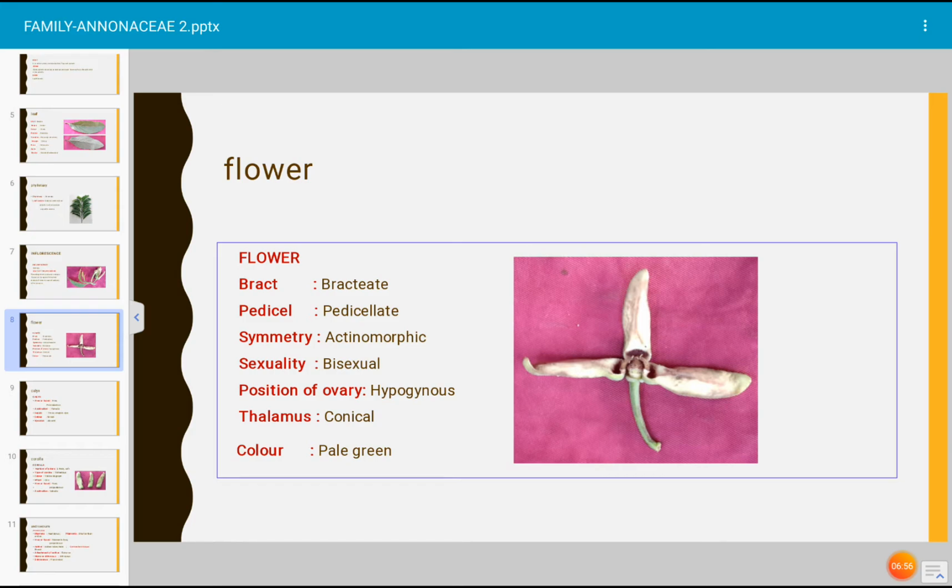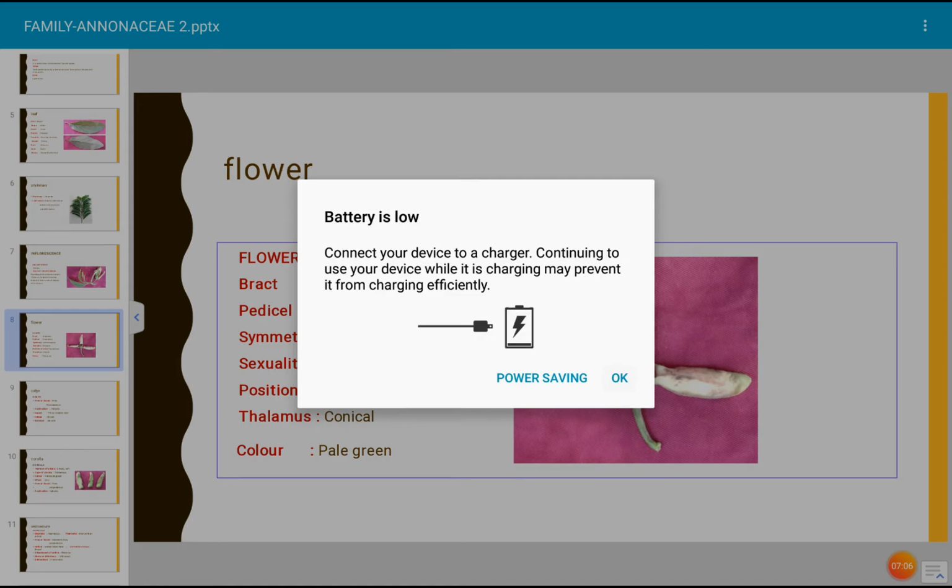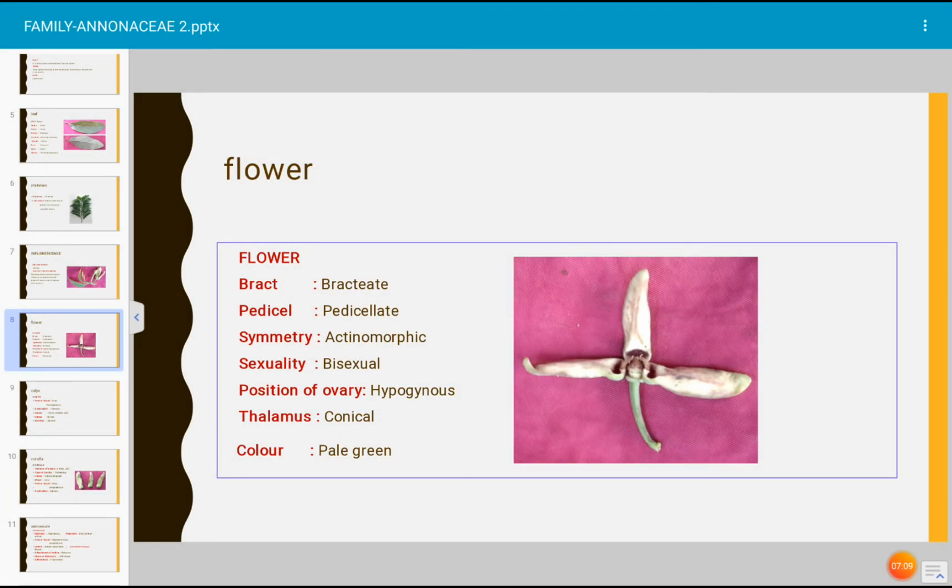And how is the position of the ovary? The ovary is superior because the petals, sepals and stamens originate from the base of the ovary, hence it is superior. Superior ovary is also called hypogynous ovary.